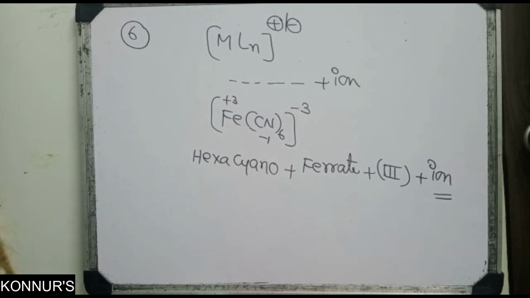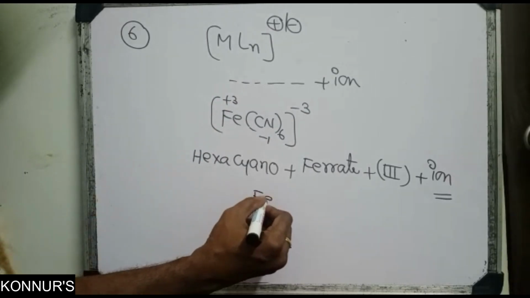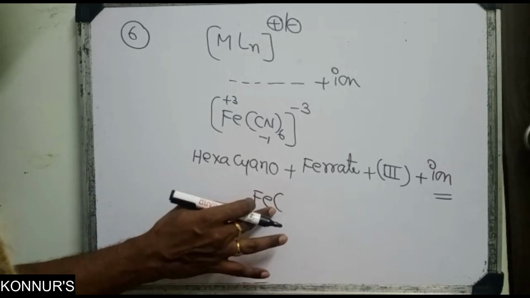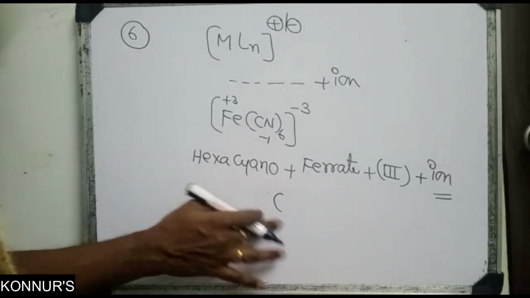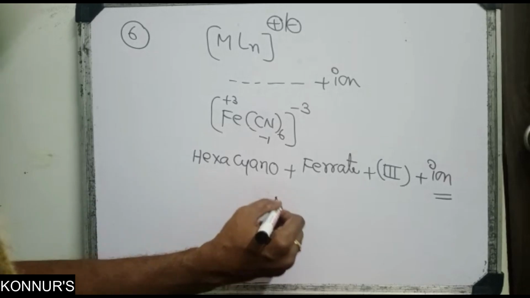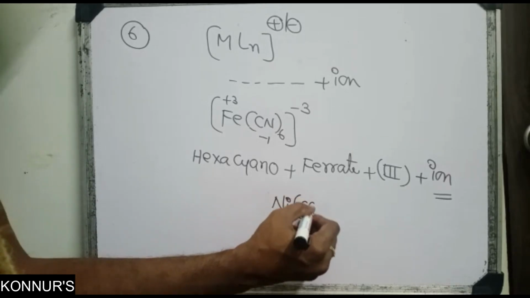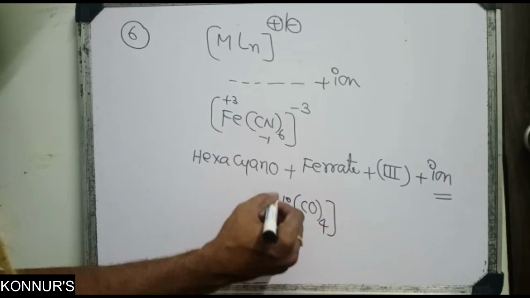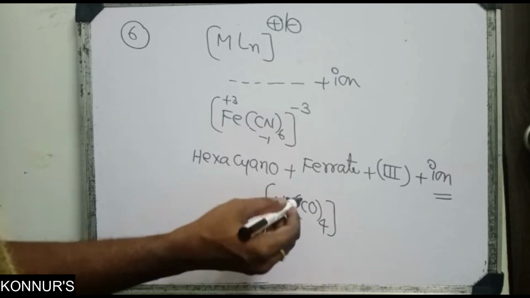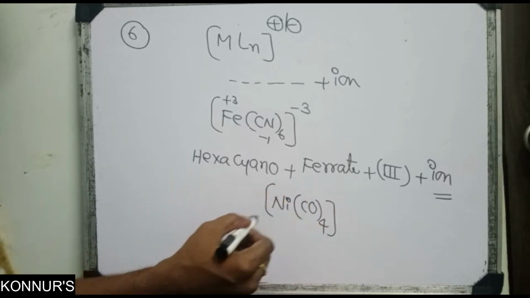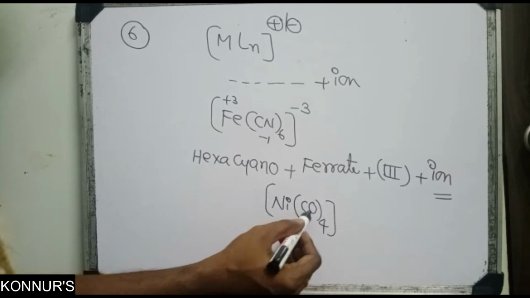Next, suppose if any charge is not there. Suppose you take nickel, Ni(CO)4 like this. So here it is neutral. Suppose this one you call as first metal ligands.